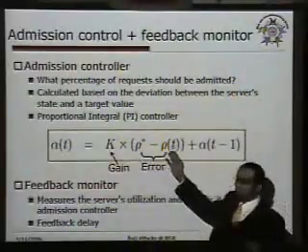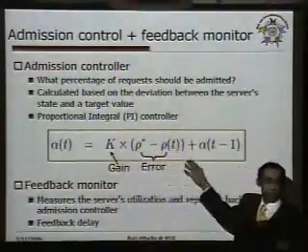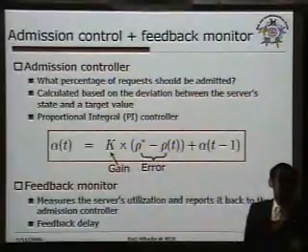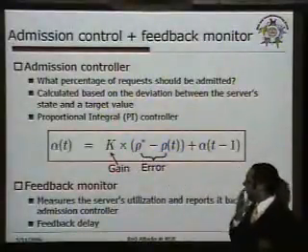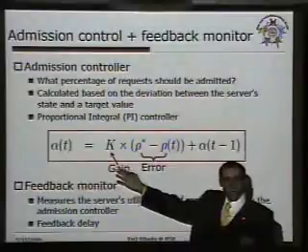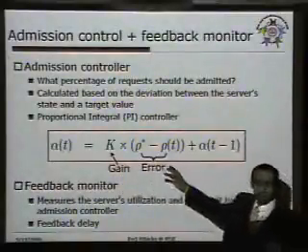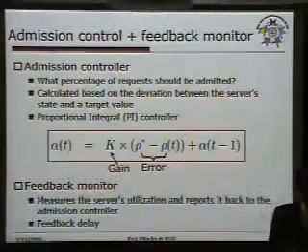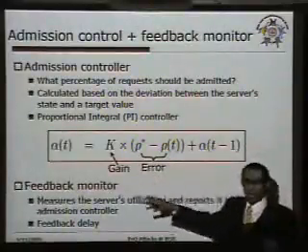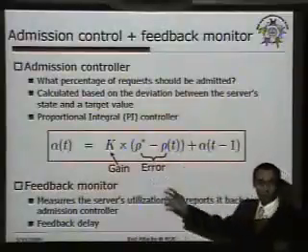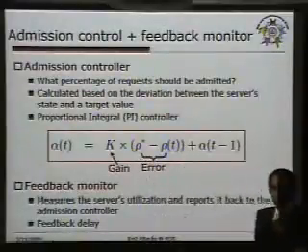Of course, if rho of t is equal to the target rho, then alpha of t is equal to alpha of t minus 1, and basically you have already converged to the stable point. And k here is a very important parameter, because when k is large, the controller will react very aggressively. But when k is small, the controller will react in a smooth way, because the error signal is multiplied by a small number.